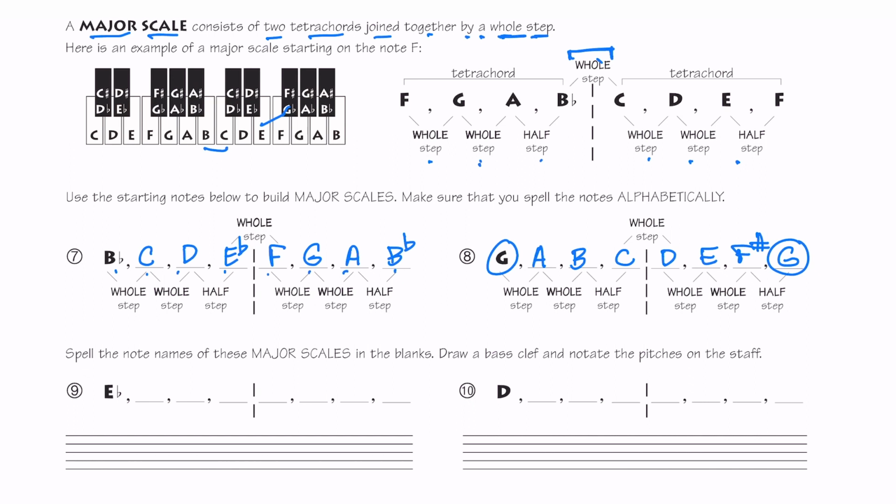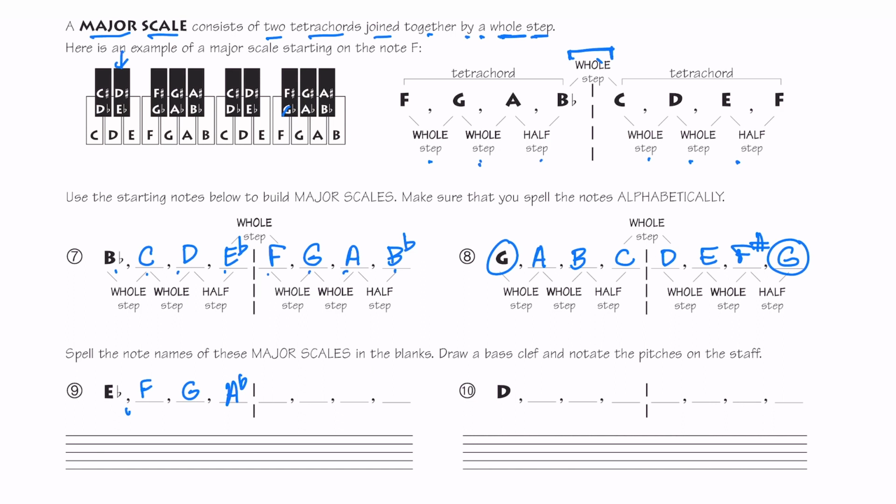Okay, on number 9, I'm spelling the note names of the major scales. Then I'm going to draw and notate the pitches on the staff. Okay, so I'm kind of doing the same stuff I did before by spelling the note names, but then I'm going to draw it out. So E flat, okay, find it on the keyboard here. F, up a whole, G, up a half, A flat.